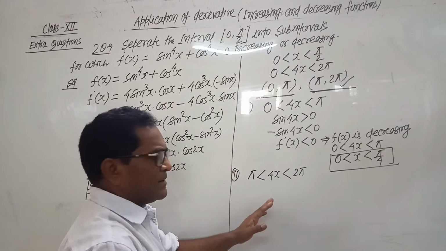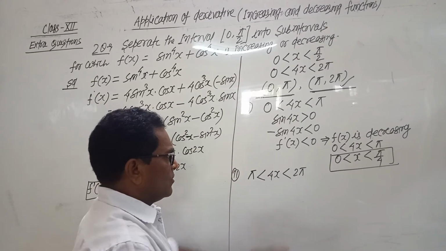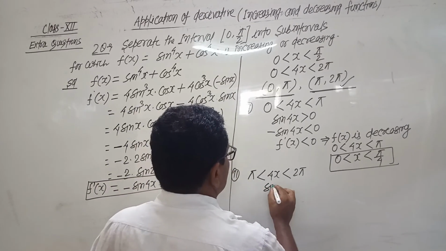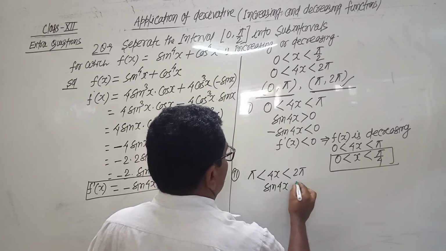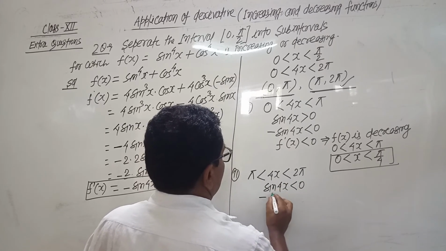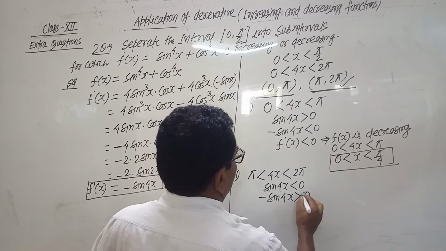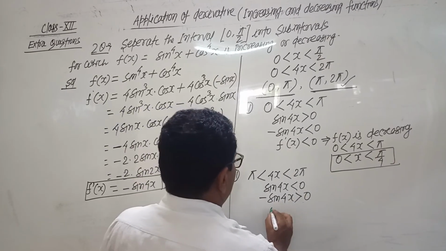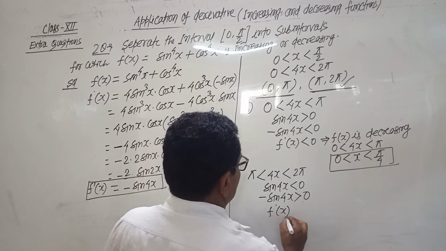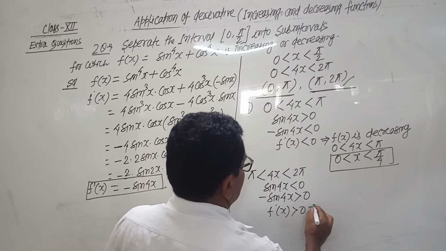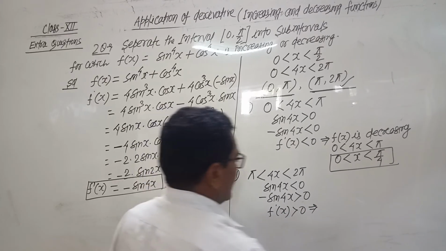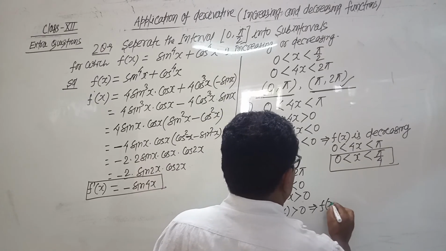In this interval, in the third and fourth quadrants, the value of sin 4x is less than 0. Then the value of minus sin 4x would be greater than 0, and again f dash x is greater than 0. This implies f x is increasing.